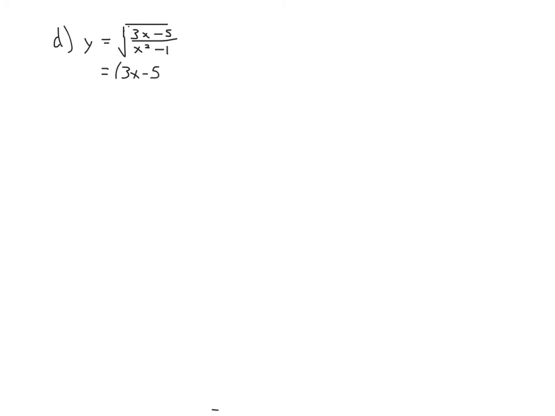That 3x minus 5 is really going to have an exponent of 1/2 on it, as is the x squared minus 1, because that square root applies to both the numerator and the denominator. Which I'm going to rewrite as (3x minus 5) to the 1/2 multiplied by (x squared minus 1) to the negative 1/2, to move that up to the top.